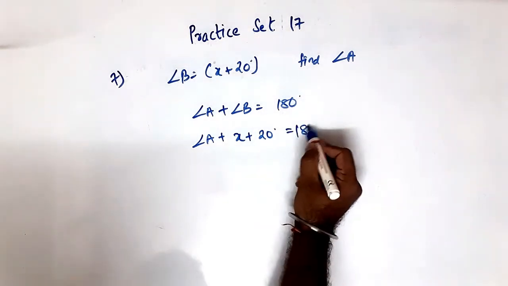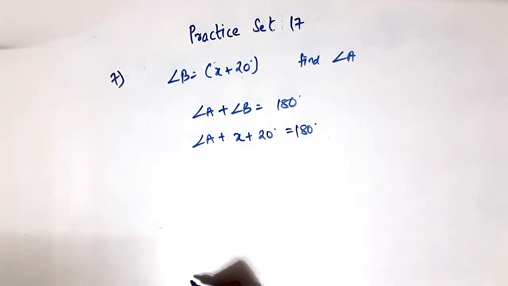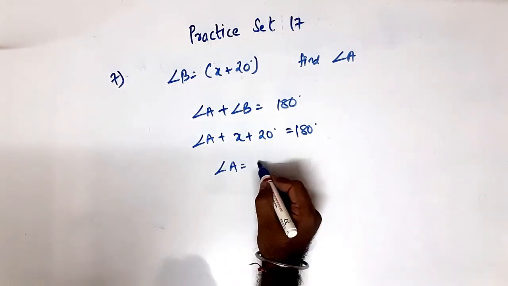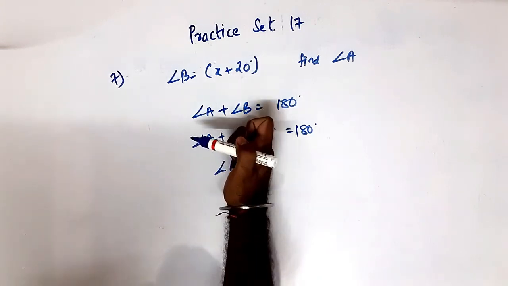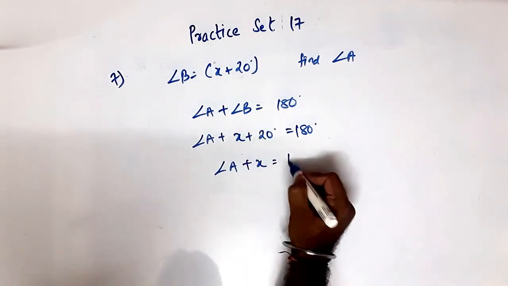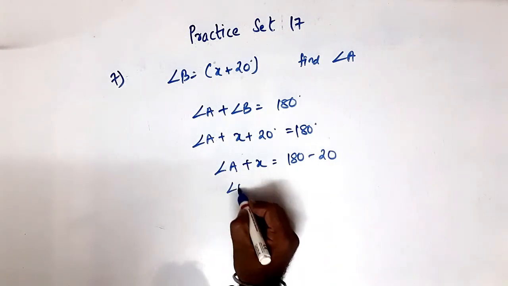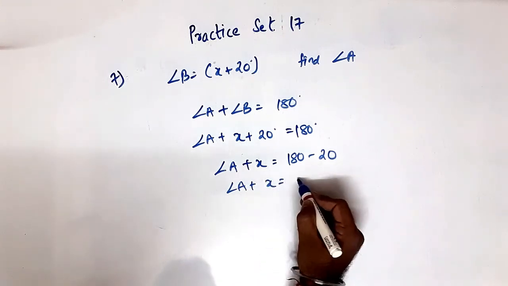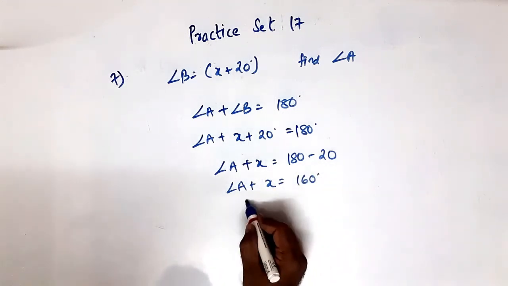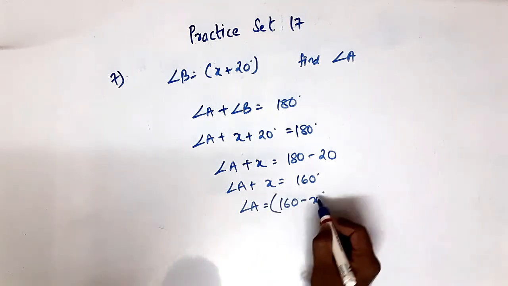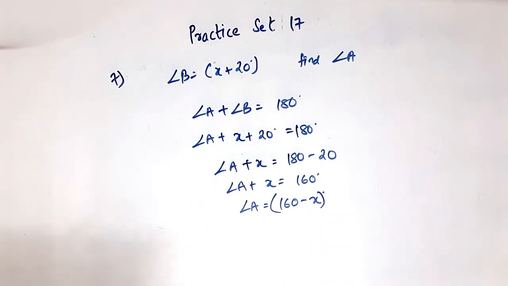So angle A plus x plus 20 equals 180 degrees. I'll just write angle A plus x, and subtract 20 from 180. 20 will come here. So angle A plus x equals 160 degrees. Now x also will move there. It is 160 minus x degrees. So angle A is 160 minus x degrees.